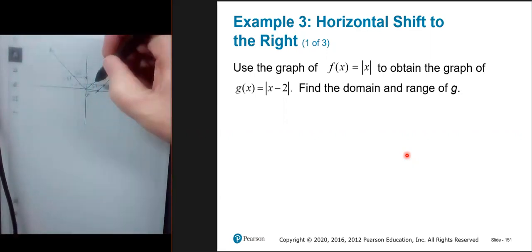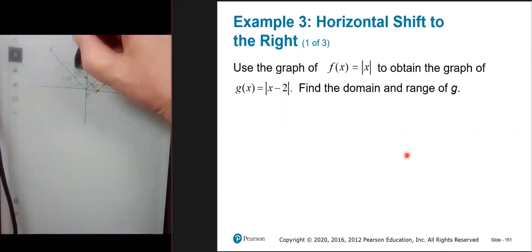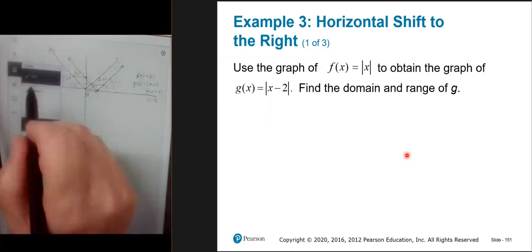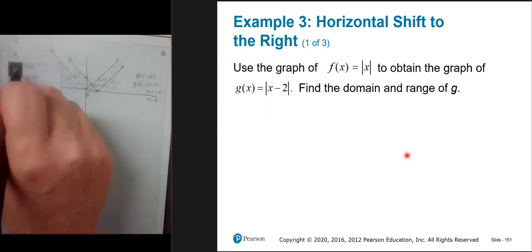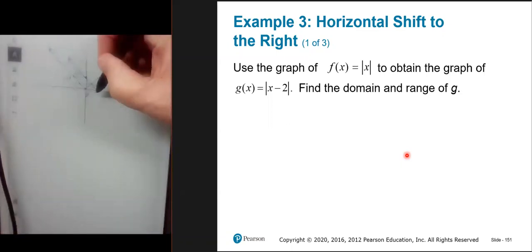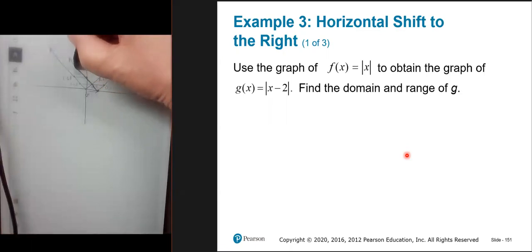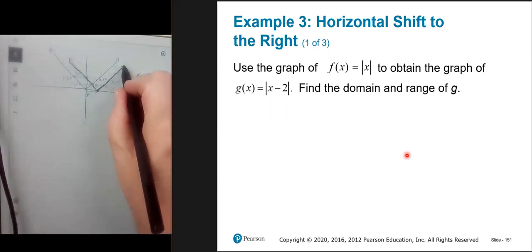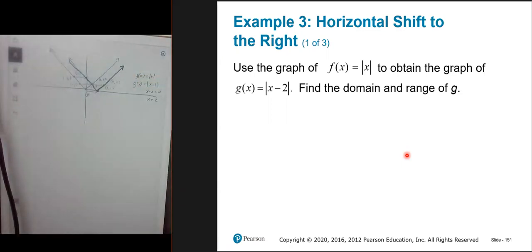And so the left arm of the function goes like that. So my function gets moved over to here. The graph gets moved over 2 units to the right.